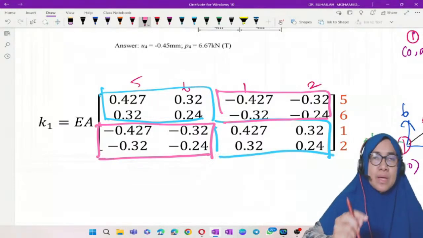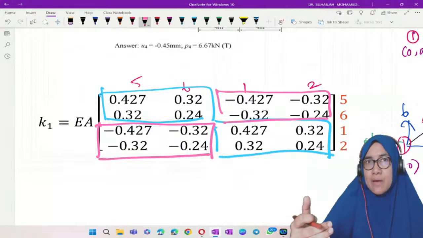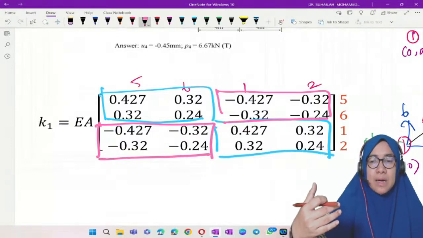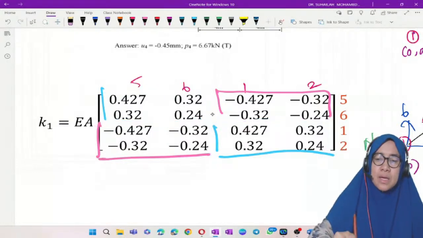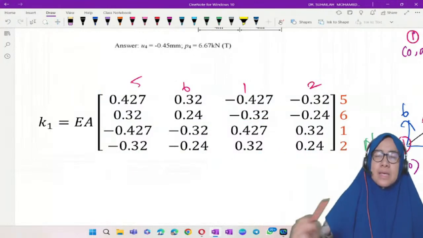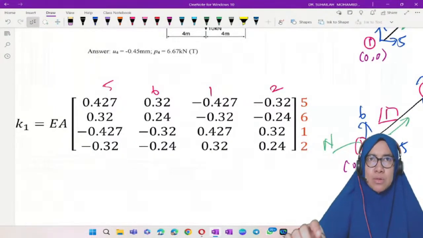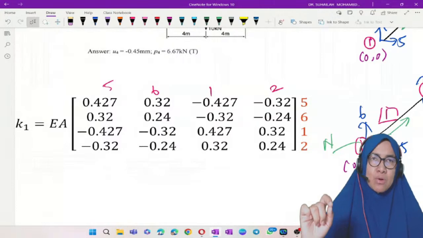That is why we get it like this. So make sure K1 is labeled correctly: 5, 6, 1, 2, defined based on the arrow.